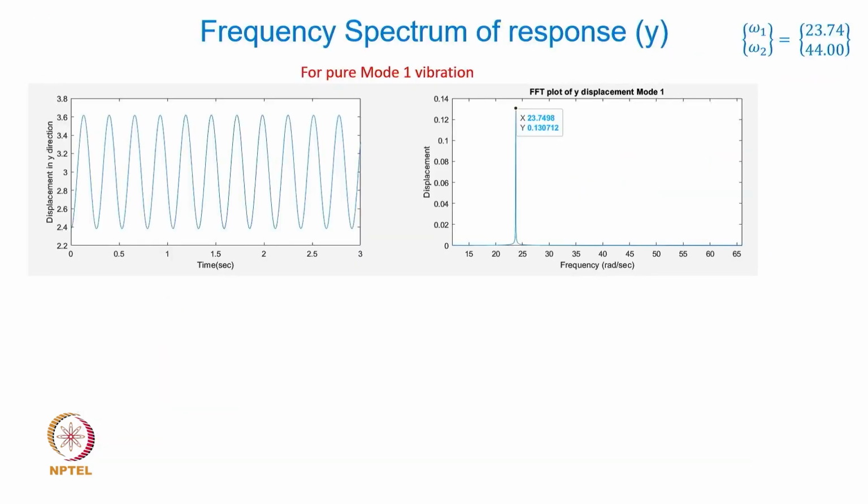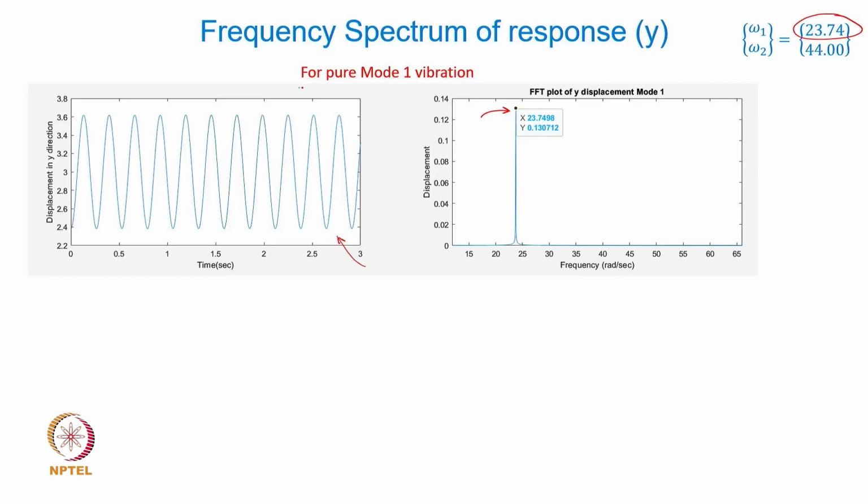Let us look at the frequency spectrum of this response. That means basically it actually means that if I take the Fourier series decomposition of this signal, because there is only one harmonic signal, I will get one frequency. If I take a Fourier spectrum of this time domain data, I get a frequency domain data, which has to show a single frequency, which is being represented here, which exactly matches as expected with the first or fundamental natural frequency of this particular spring mass system.